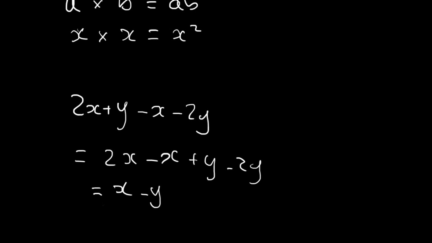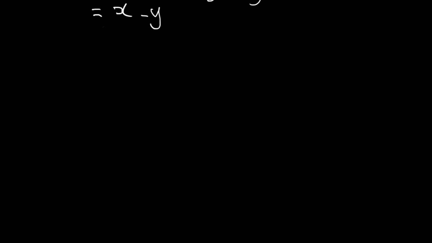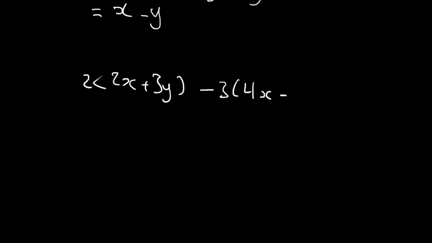Now let's say we have something with brackets. Say we have 2x plus 3y, take away 3 multiplied by 4x minus y.